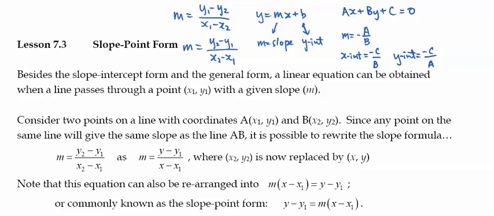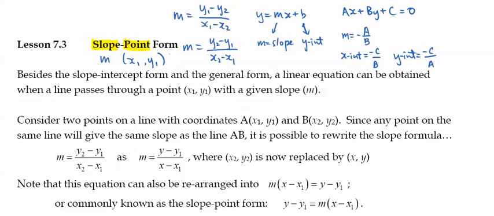So moving on to lesson 7.3, we are going to learn yet another formula to come up with the equation of a straight line, and we call it the slope point form of a linear equation. Now, based on the name itself, you can probably tell that in order to come up with this form, you need the slope of a line and you need a point that is on the line.